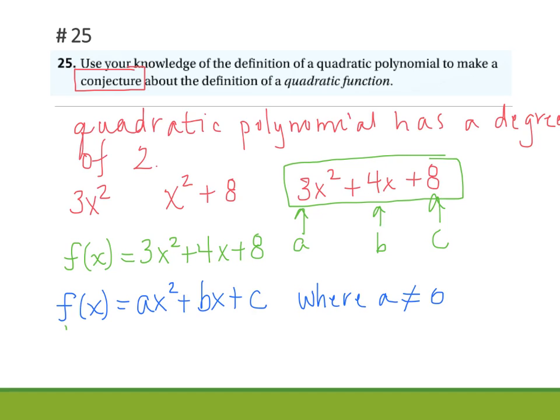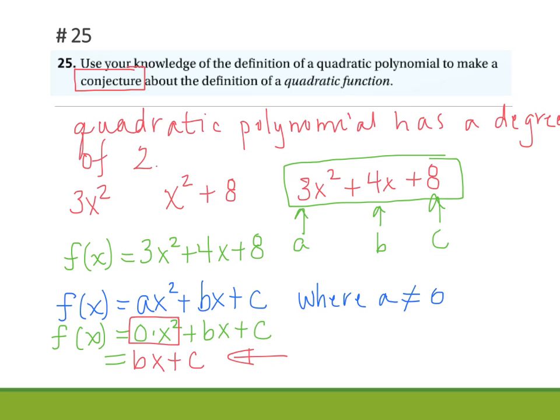Well, if a equals 0, I would have f of x is equal to 0 times x squared plus bx plus c. And that means that the entire first term would not exist, and I would just have bx plus c. Well, what type of function is that?